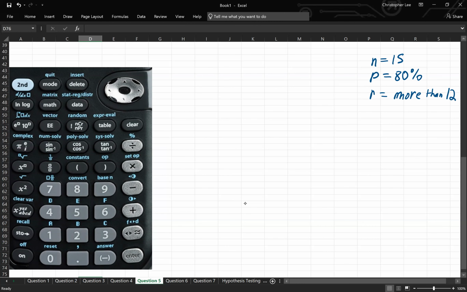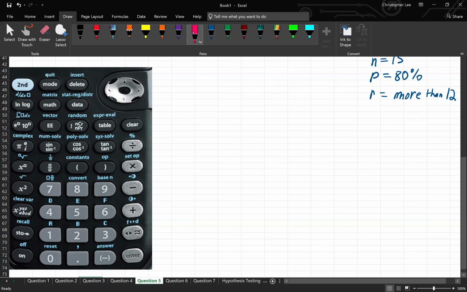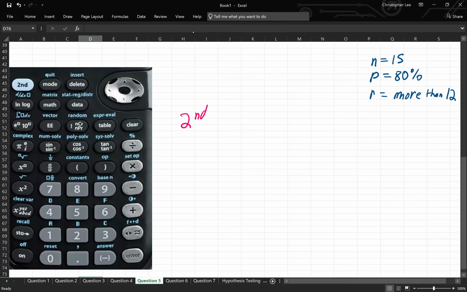So in the calculator, here's what you're going to press. You're going to go to second, right? Then you're going to go to distribution. Distribution is spelled DISTR. So second and then distribution right here.